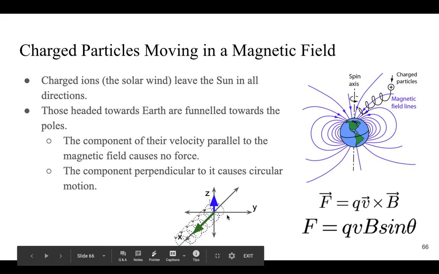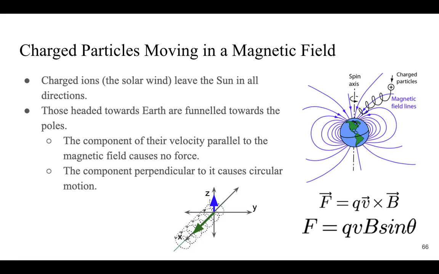Sticking to this is something that the astronomy students will probably recognize. Leaving the sun all the time, you have this thing called the solar wind. It's a bunch of charged particles leaving. Think mostly hydrogen and helium nuclei shooting out pretty much in all directions across the solar system. So these things head towards Earth. Now we have moving positive charge heading towards the Earth, and the Earth has a magnetic field.